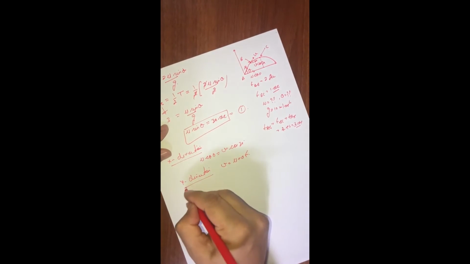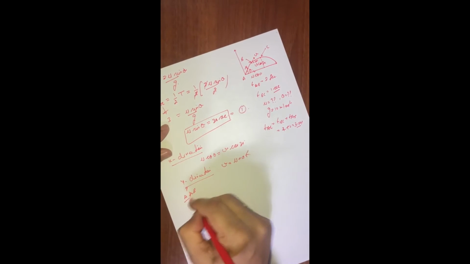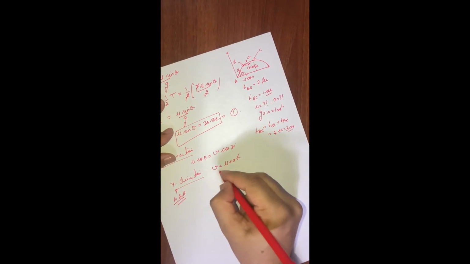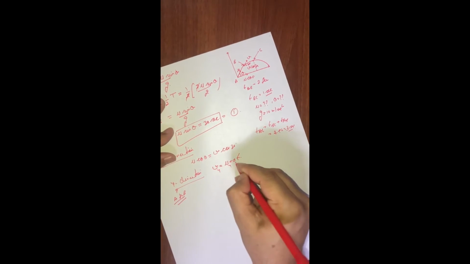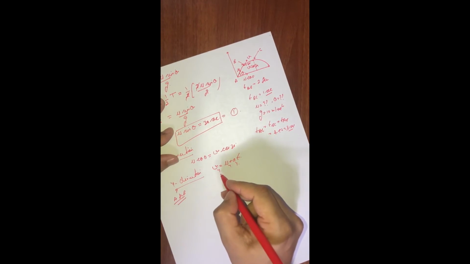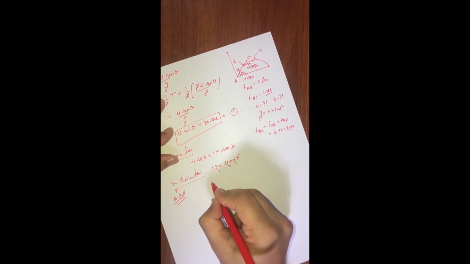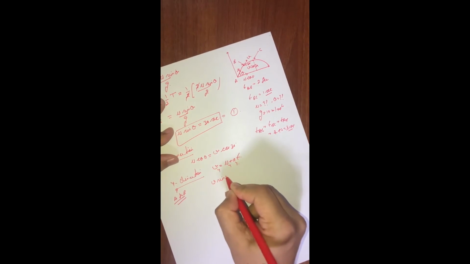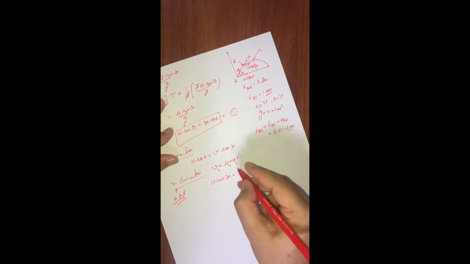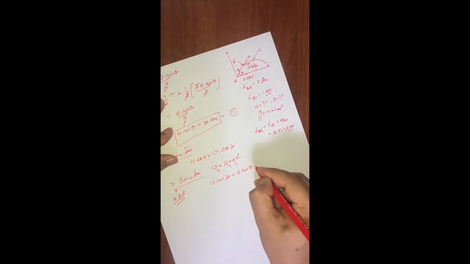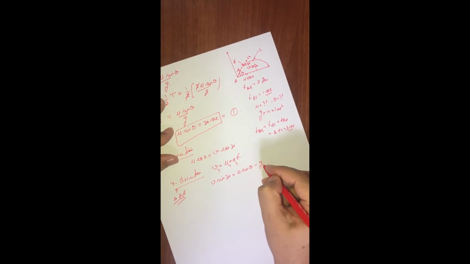This is between A and B. So in the y direction, the velocity will be equal to v sine 30, which is equal to, for initial velocity, u sine theta, minus g multiplied by time, 2 seconds.